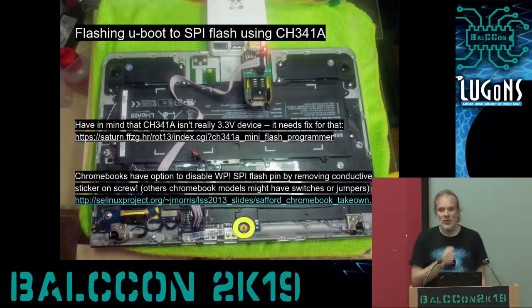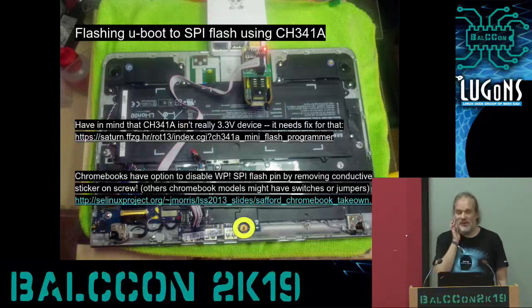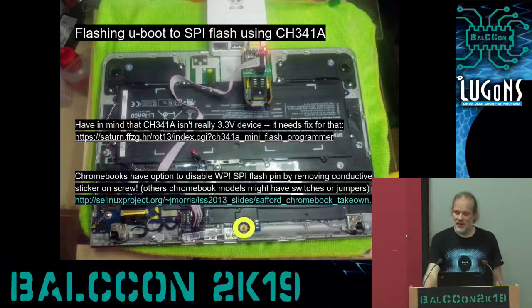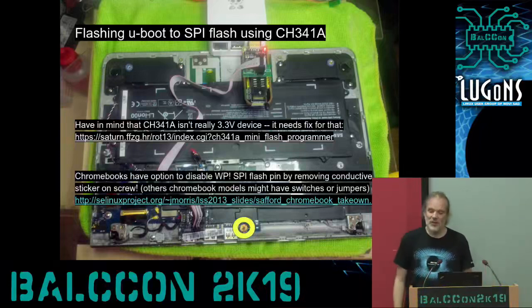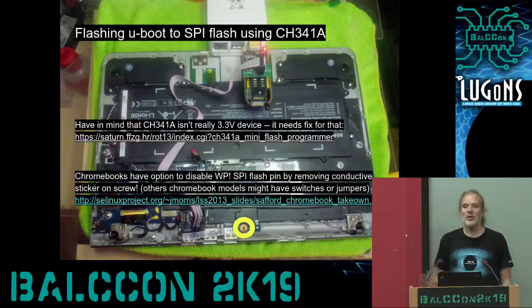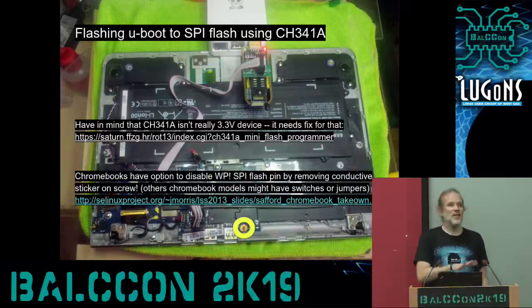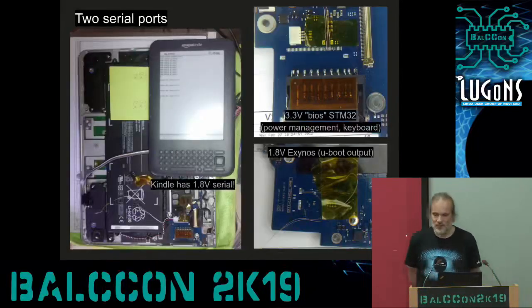When you open the Chromebook, these days it usually has a conductive sticker on one of the pads. This is the pad denoted on this slide with the yellow circle, which enables you to disable write protect on an SPI flash. So Google is actually giving you the ability to take control of your Chromebooks. And in my case, I decided to take it.